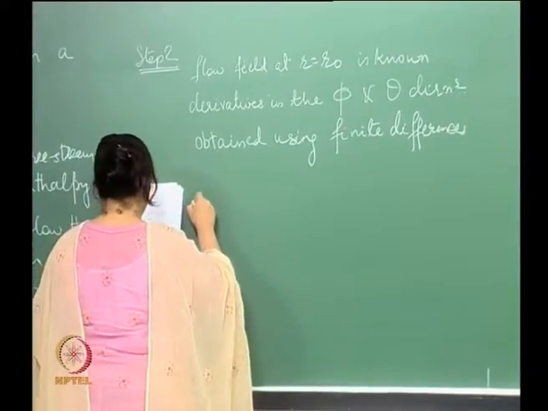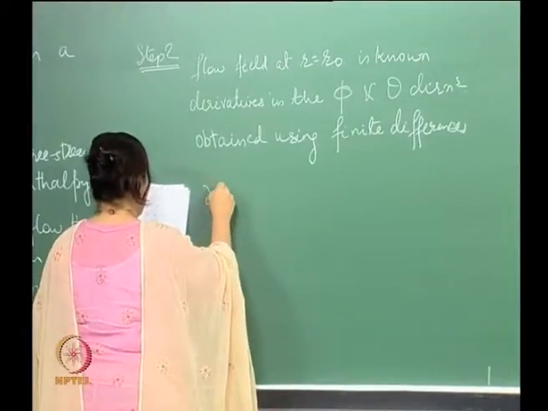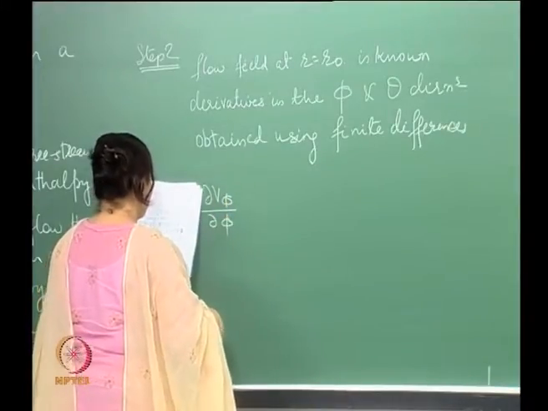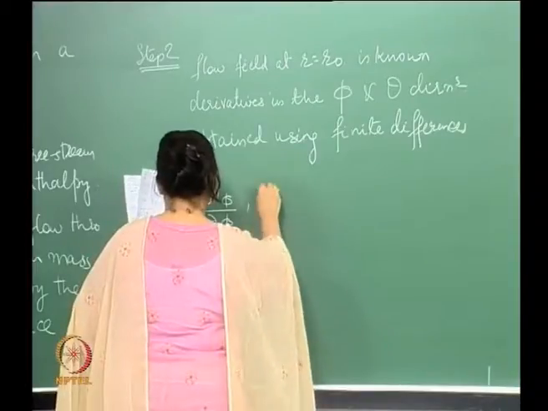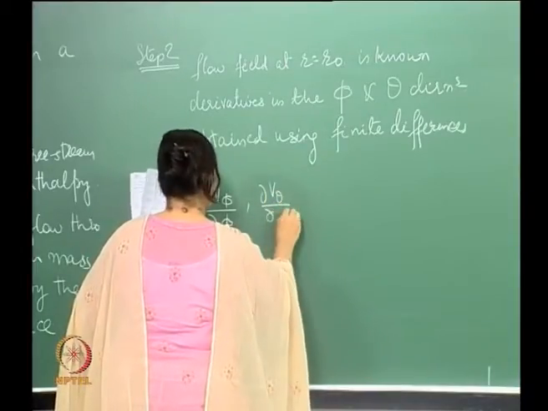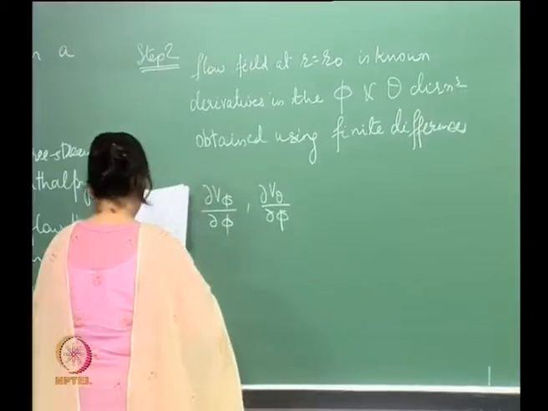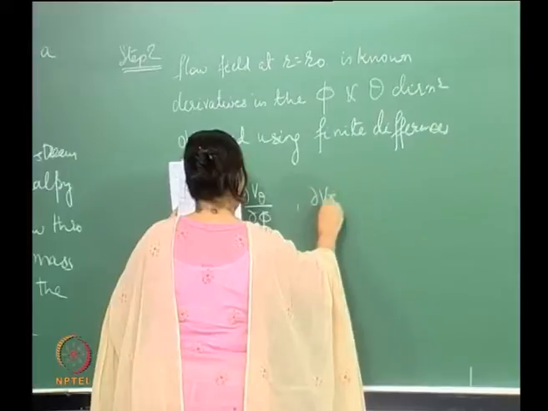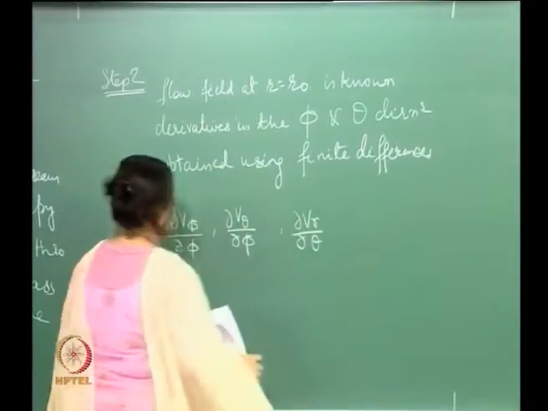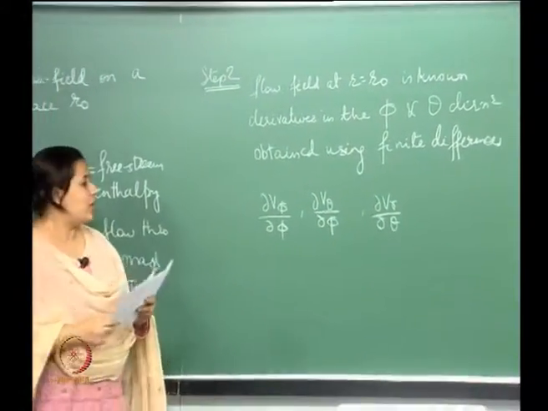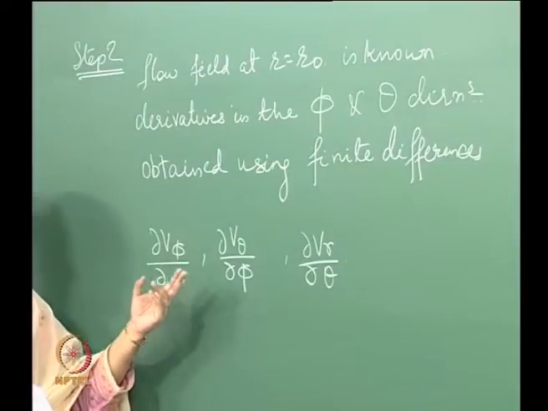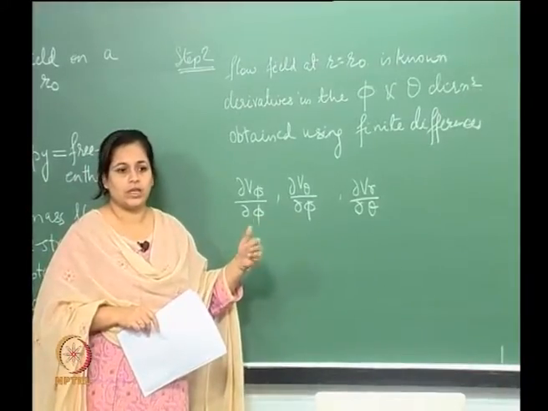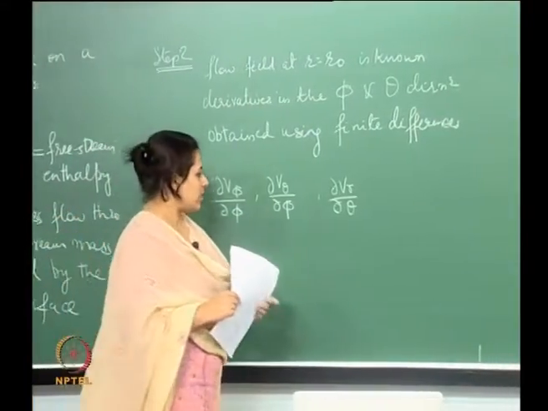Just to give an example, the continuity equation has this term, and then it also has this term. The momentum in the r direction, for example, has these. So all these terms in the phi and theta directions, the derivatives, are obtained by using finite differences.